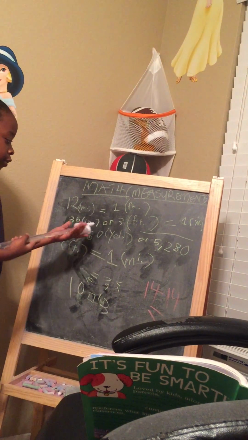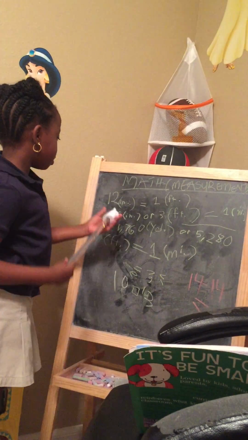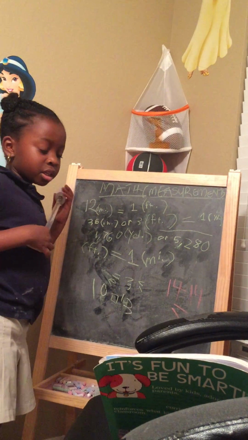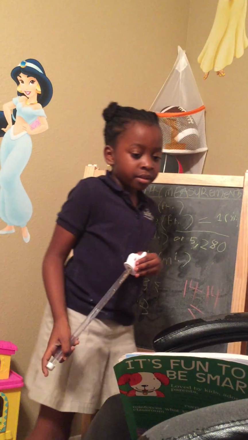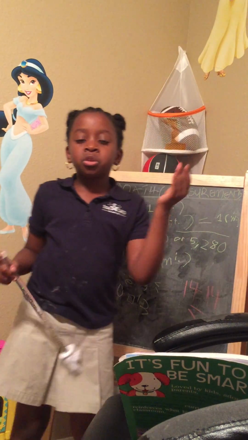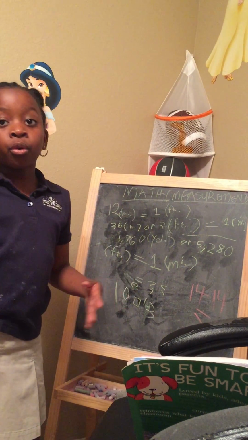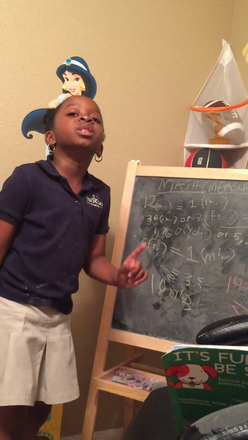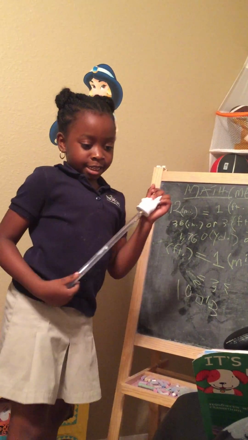If you take a look at the clues, they kind of give you the answer. 12 inches is 1 foot. Then 12 plus 12 is 24, right? Or you could do 12 times 2, which is still 24.